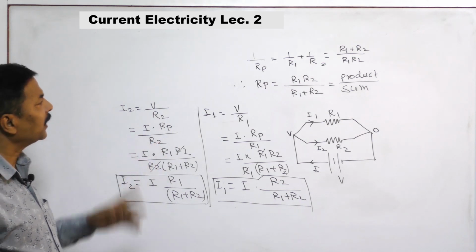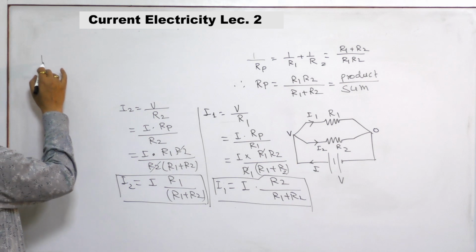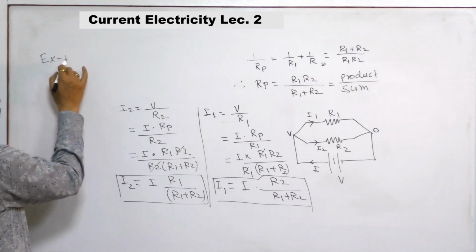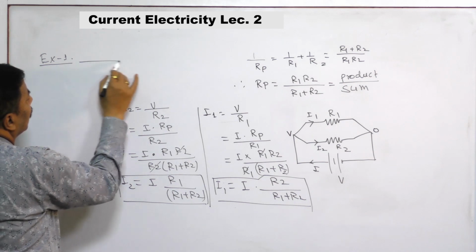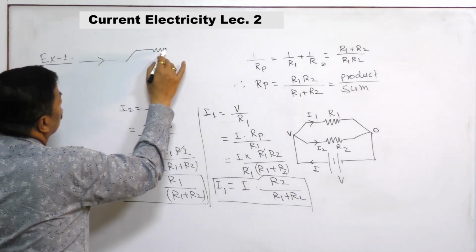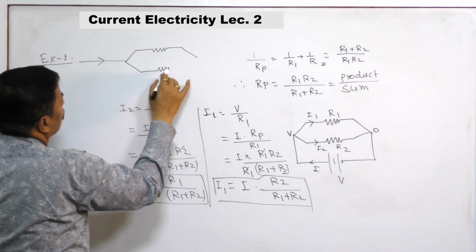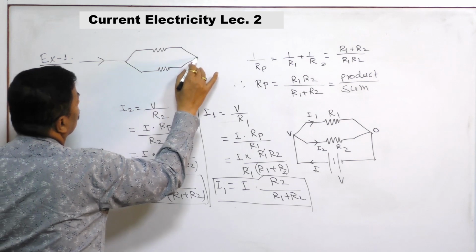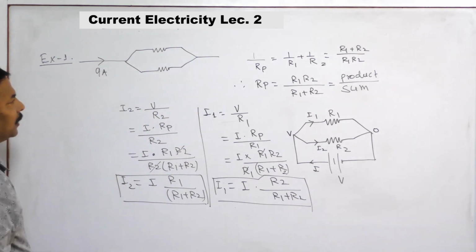For example, I am giving you one example. Example is in this way. Suppose here 9 ampere current is going.